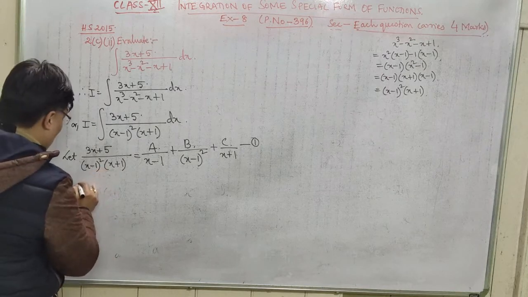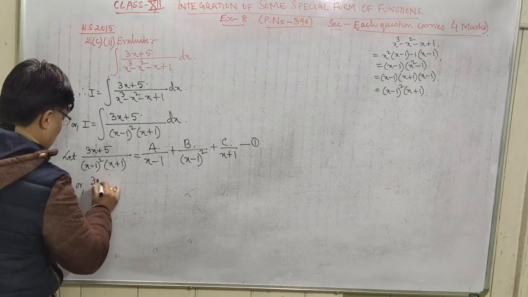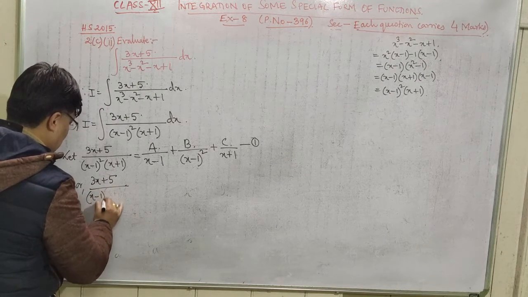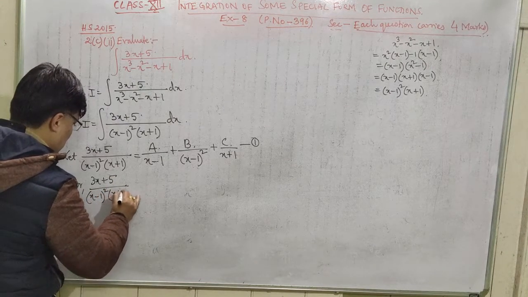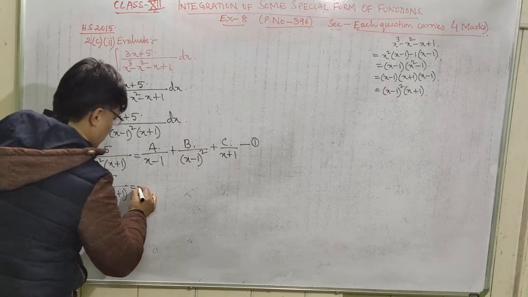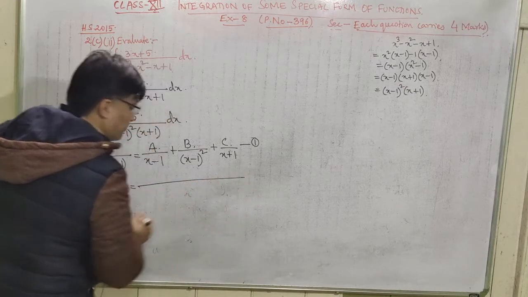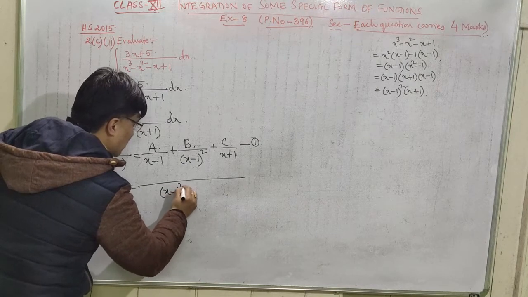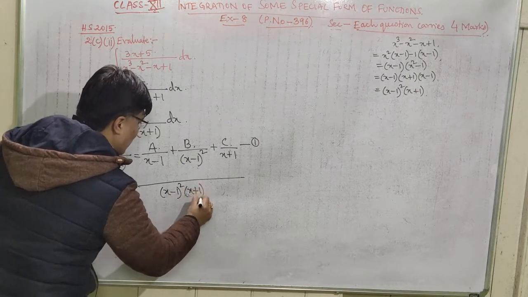Now 3x plus 5 divided by x minus 1 whole square into x plus 1 is equal to, now here is the LCM. The LCM is x minus 1 whole square into x plus 1.